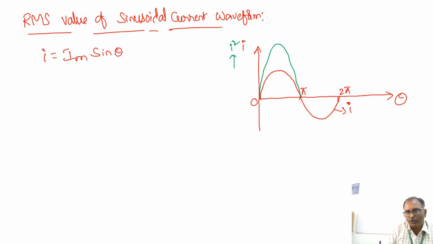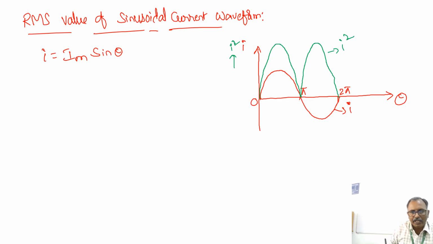From pi to 2 pi, current values are negative, so it is minus I whole square, which is again a positive value, since minus into minus gives positive. So from pi to 2 pi also the I square waveform will be like this. This is the I square waveform.